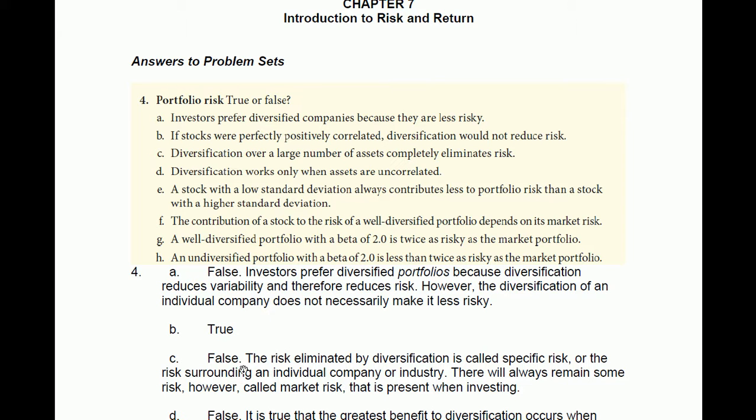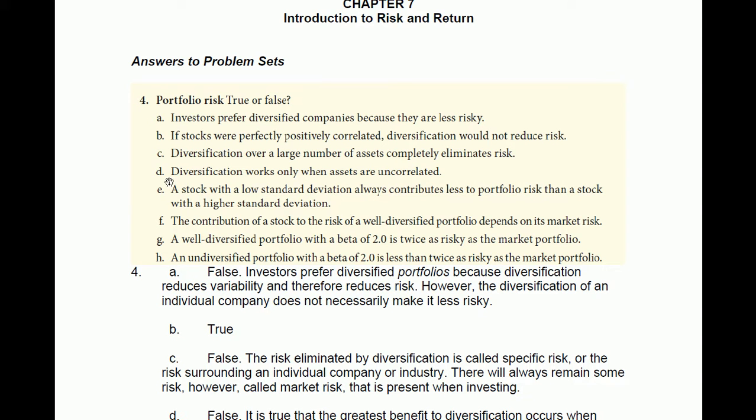This is not true. Because the risk eliminated by diversification is called specific risk, or the risk surrounding an individual company or industry. There will always remain some risk, however, called the market risk, like the 2008 financial crisis. It's also called the systemic risk. That is present when investing, like in any assets.